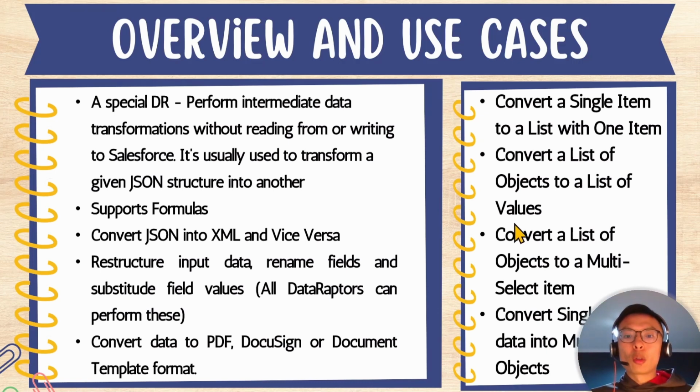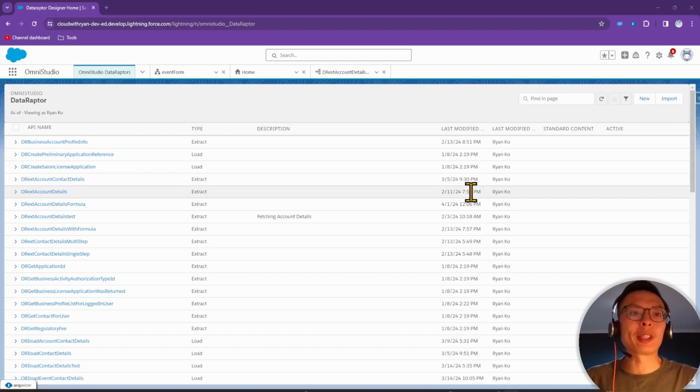And there are many more use cases that we will be exploring in this video, so make sure to stick around as this video will be very JSON focused, which is quite important if you are thinking about getting your OmniStudio developer certification.